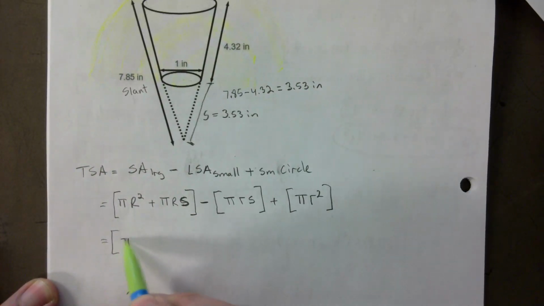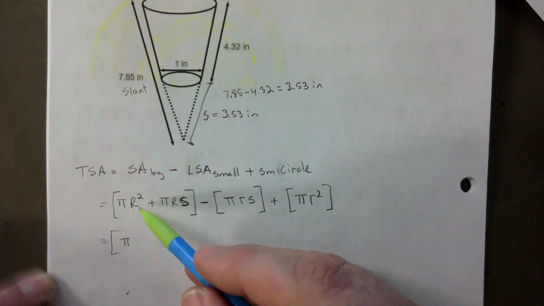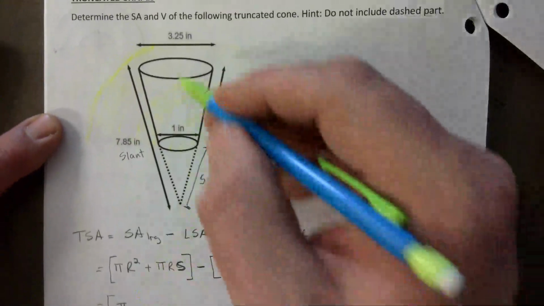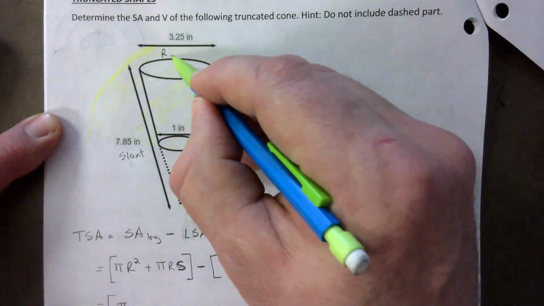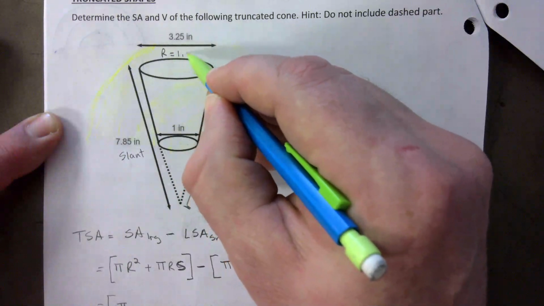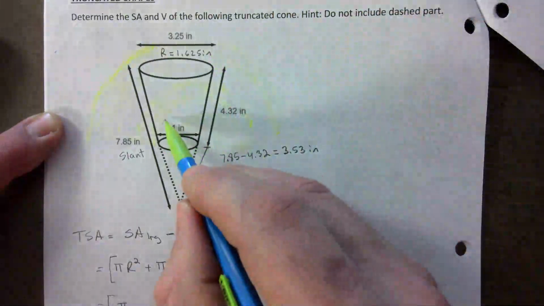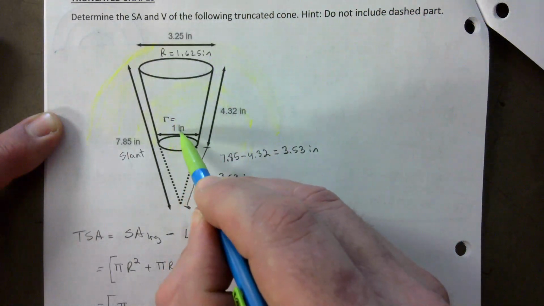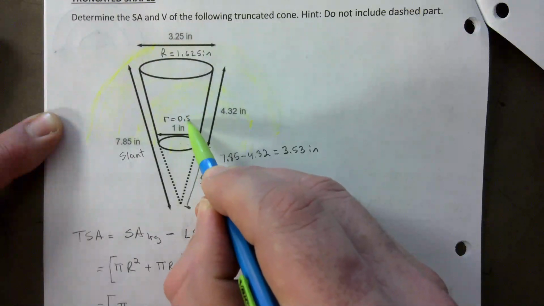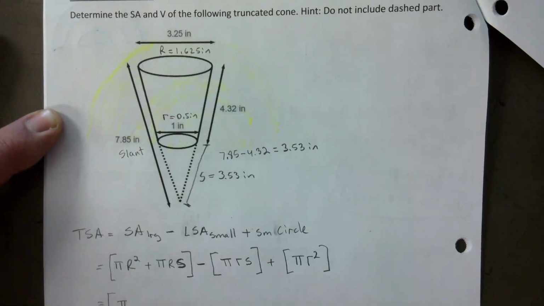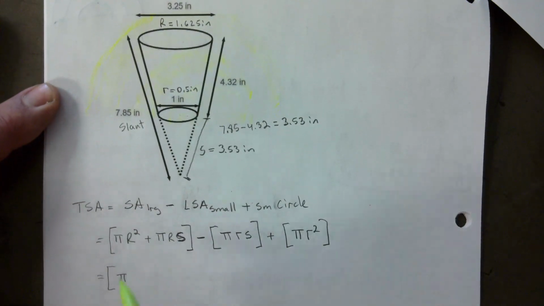Okay, so pi, capital R radius, let's go ahead and do that on the diagram. Capital R would be 1.625 inches. Lowercase r, half of 1, is 0.5 inches. And let's just plug in.